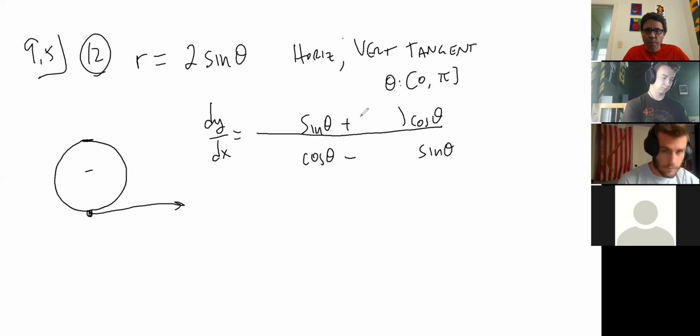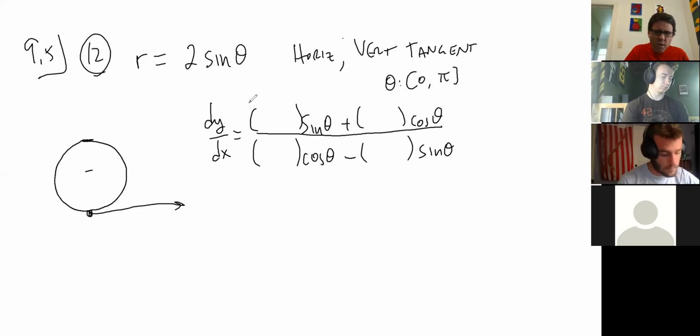And that's part of the formula. And then what gets put in here are the derivative of your function. So the derivative is 2 cosine. And then the other part is just the function itself, 2 sine.